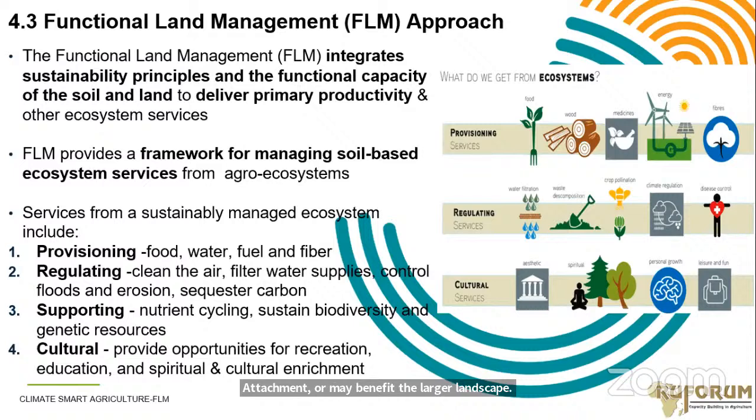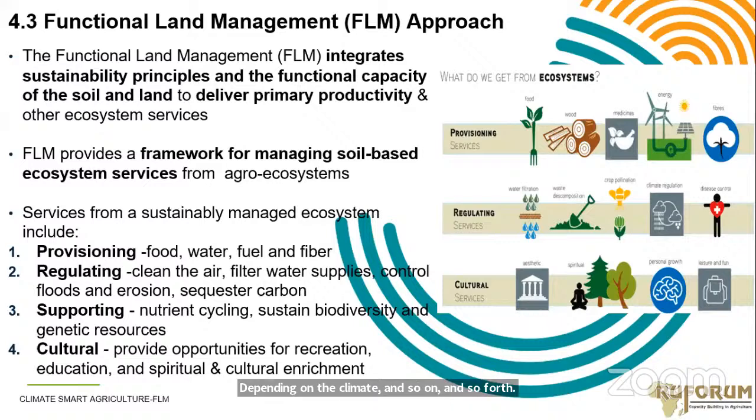So this approach looks at the management of various interventions or climate smart agriculture practices that suit different parts of the larger ecosystem, because different climate smart practices would be applied in different parts of the landscape, depending on the type of land use in those areas, on the type of soil, on the slope, and on the climate, and so on and so forth.